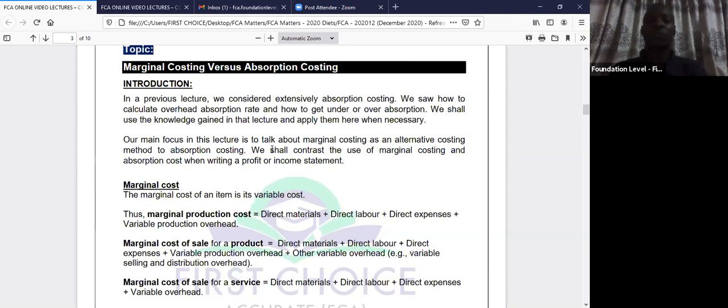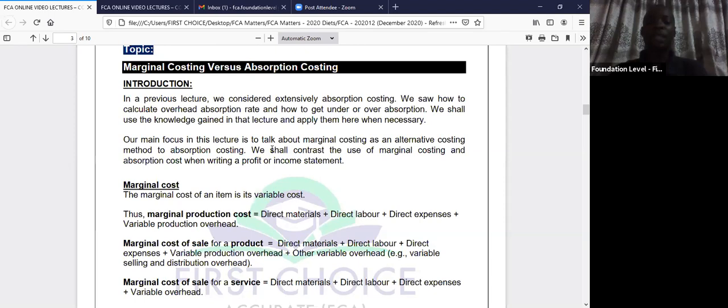We also have what we call marginal cost of production. Now let's leave the word marginal out of it for the moment. Production costs include direct materials, direct labor, direct expenses, and production overheads. Production overheads could be variable production overhead and fixed production overhead.